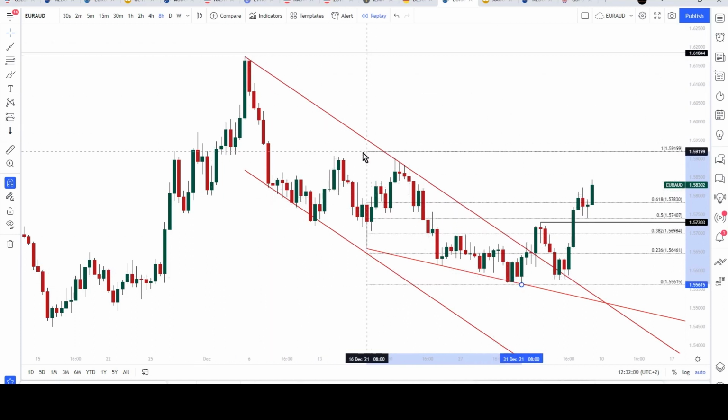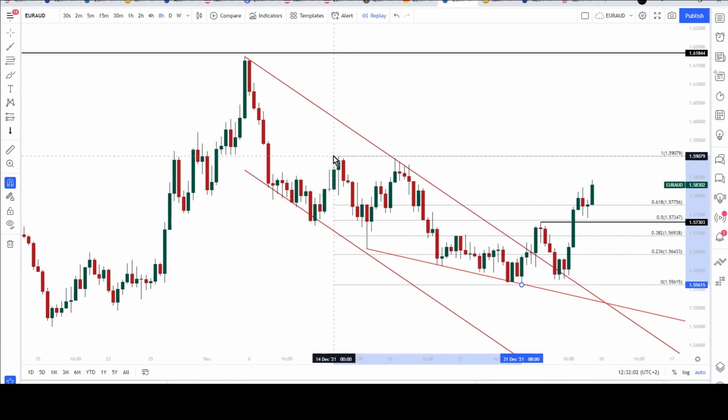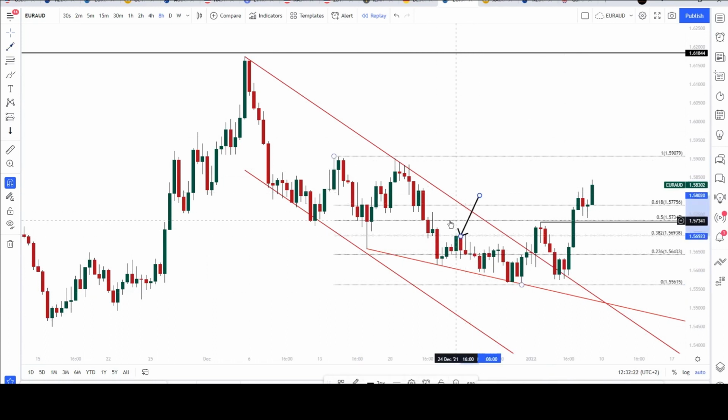I take a level or a high where most of the Fibonacci levels coincide with something significant on the chart. Here we have, for instance, this 38.2 Fibonacci retracement coinciding with this level.